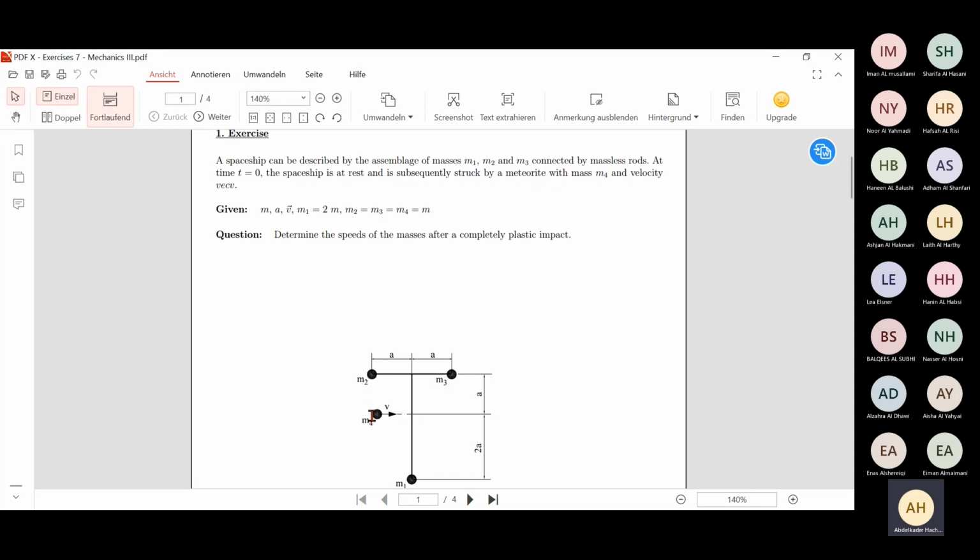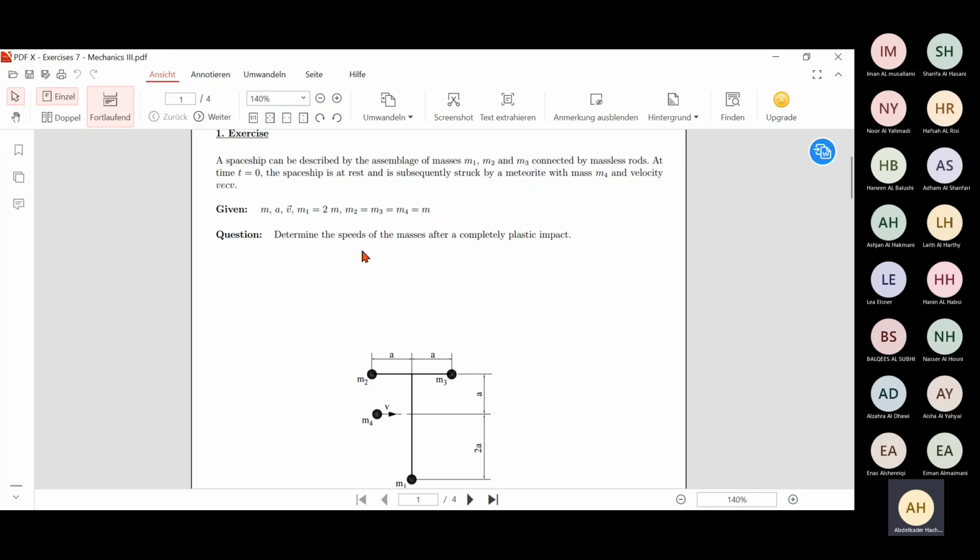The initial velocity for the mass 4 is v, represented by the vector v. We know that the masses m1, m2, and m3 are given as follows: m1 is 2m, m2, m3, and m4 are equal to the mass m.